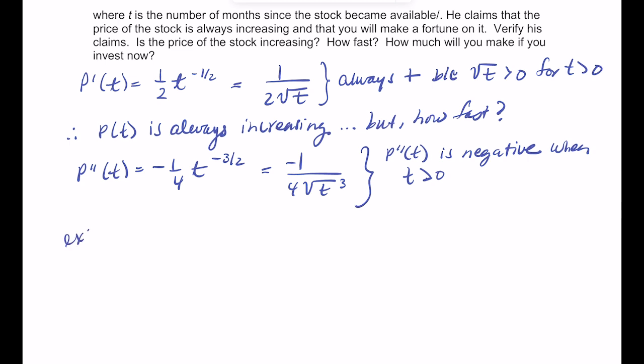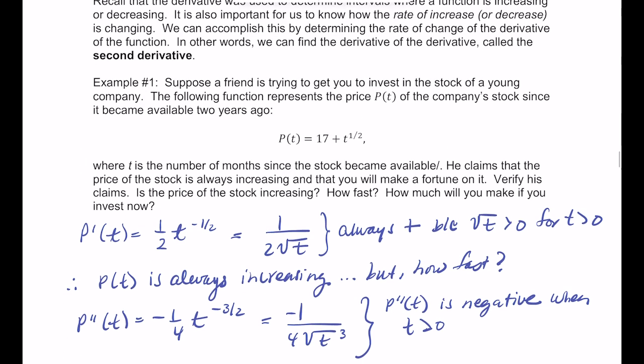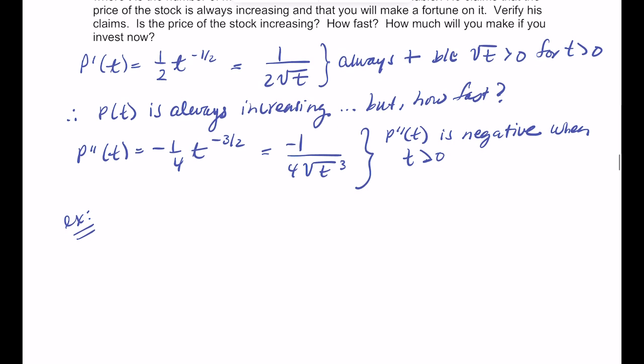So let's say we wanted to check how much the price would increase, maybe, I don't know, 2 years from now, right? Because that's what he claims in the problem. So 2 years would be 24 months. So I'm just going to find where t is equal to 24 into my original function, right?